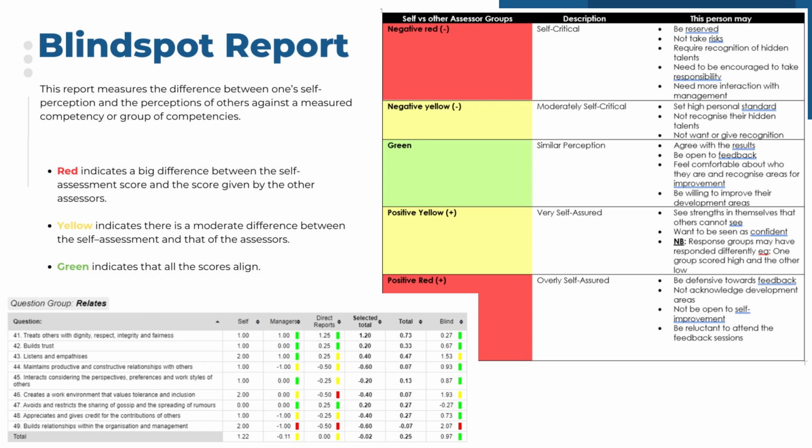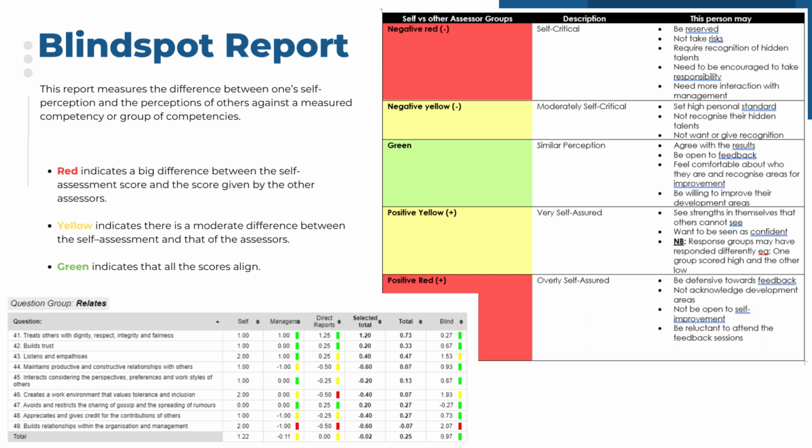So there can be a green traffic light on a critical area, for example. Quite often I use this as an example: if I said to you, is Becky good at using PowerPoint? And you put in, she's incredibly bad, and I put in, I'm fantastic. There's going to be a bright red traffic light there because of what I thought and what you thought as a collective group.